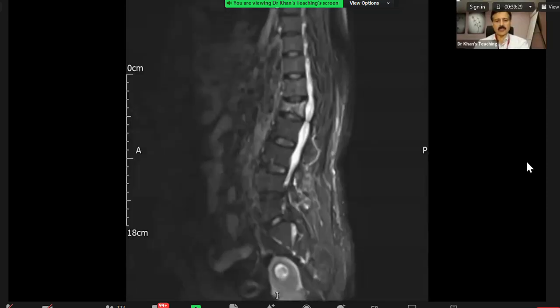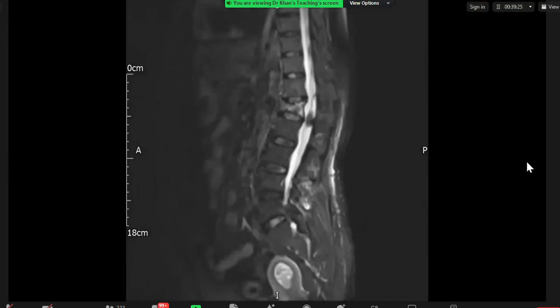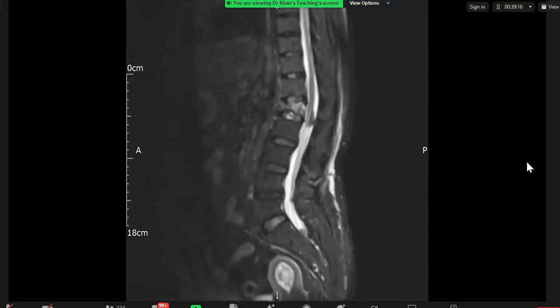Stir sequence. Okay. So on the stir sequence, once again, I can see an abnormality in the L1 vertebral body. It's high stir signal compared to the muscle. And I can also see high stir signal in the endometrial cavity.